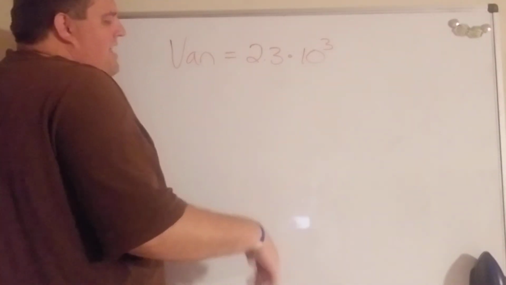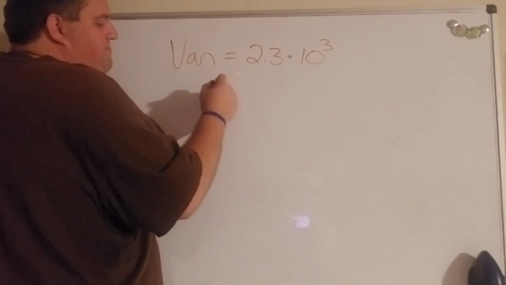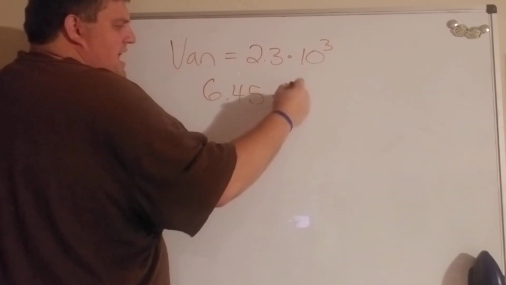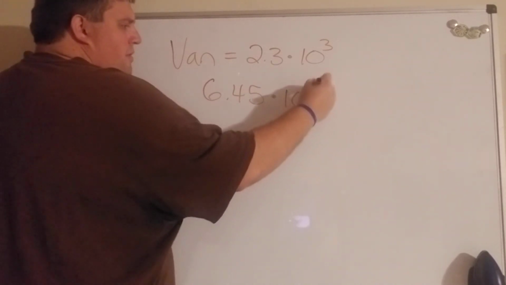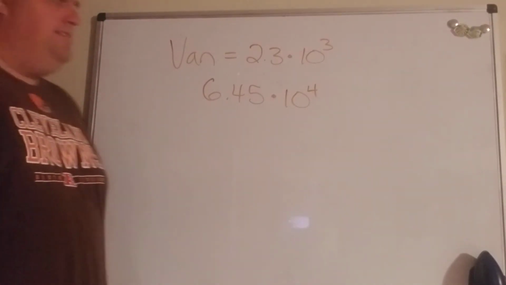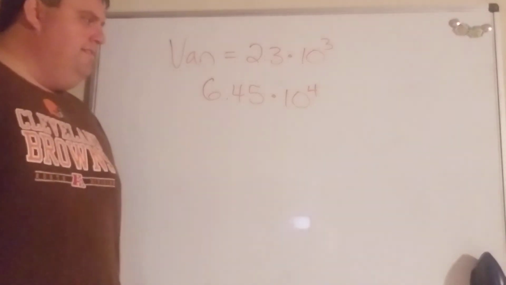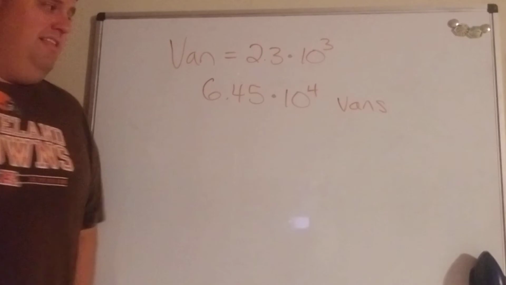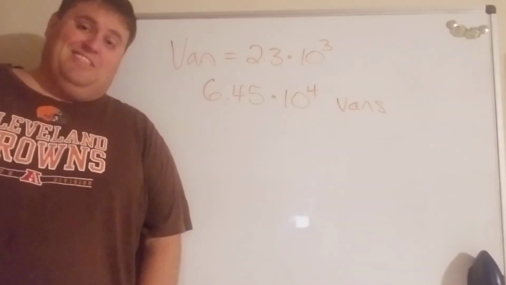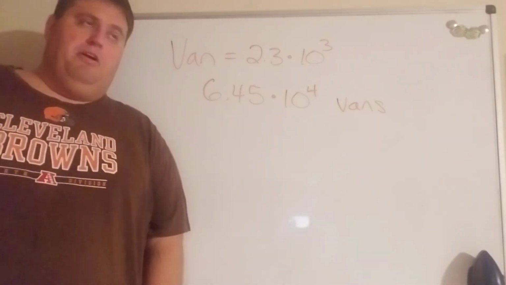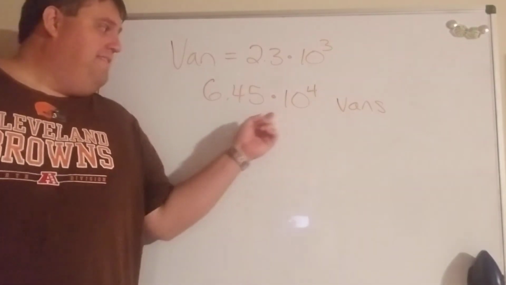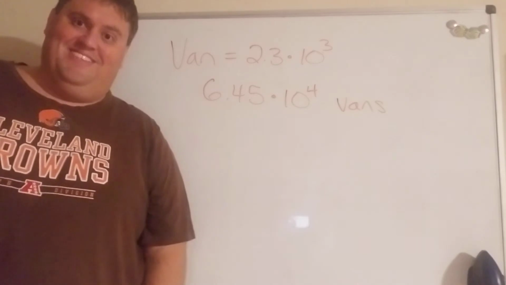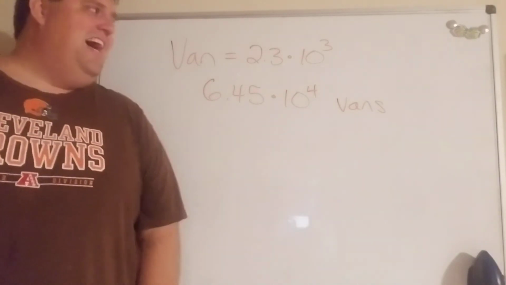In this parking lot, the dude has 6.45 times 10 to the fourth Honda Odysseys, all exactly like mine. How much money does this guy have just sitting on his parking lot? Because that's a lot of vehicles. It's like 64,000 vans.